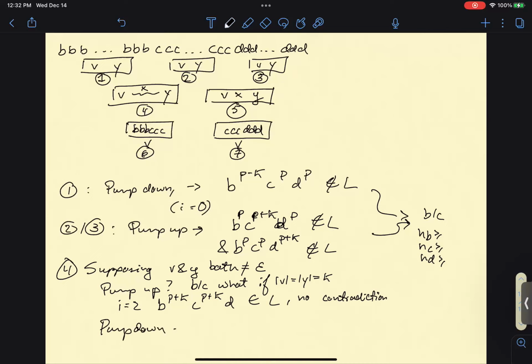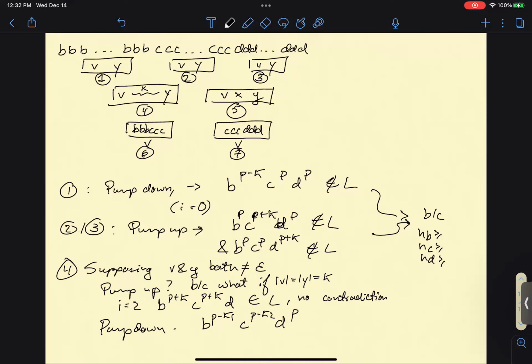And so once you pump down, you get B^(P-K1), because the lengths of V and Y aren't necessarily the same, and then C^(P-K2), and then D^P. Here the contradiction is that the number of D's is strictly greater than the number of B's.